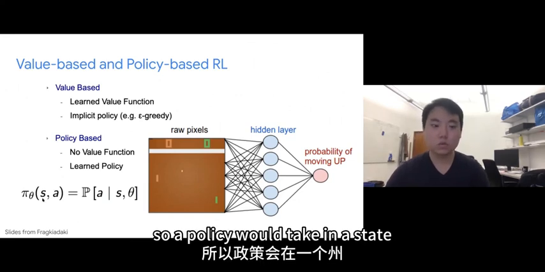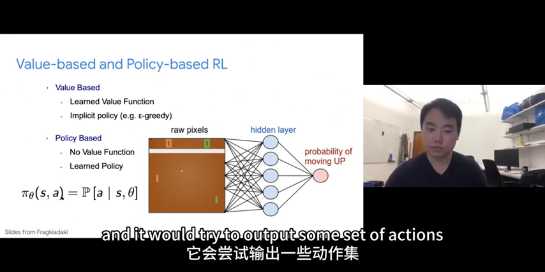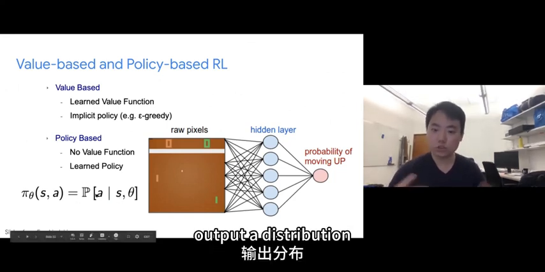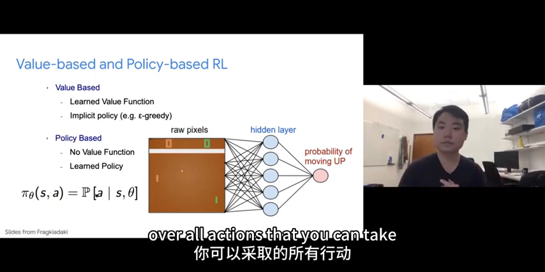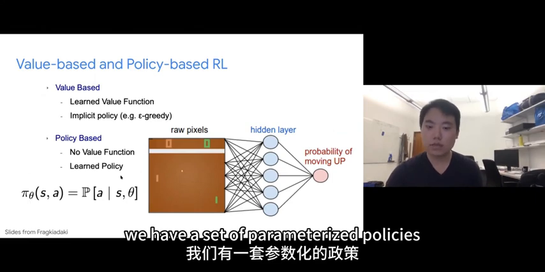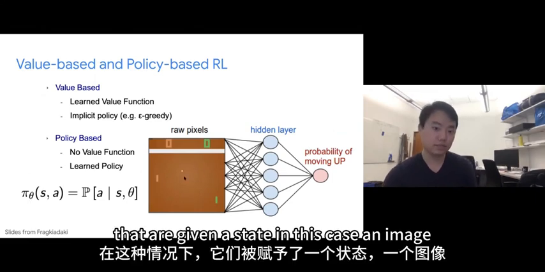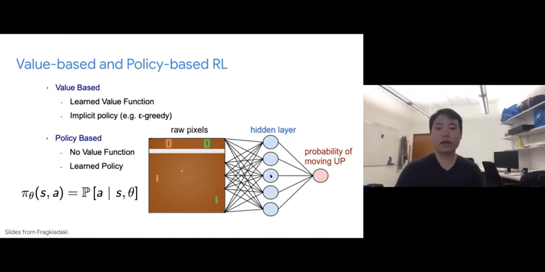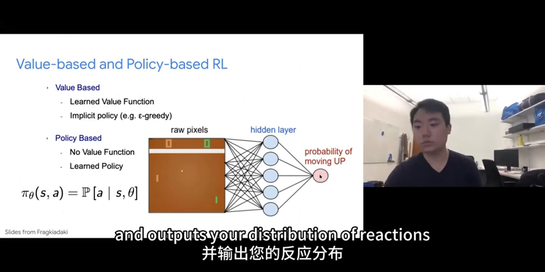So a policy would take in a state and try to output some set of actions. In other words, given a state, it will try to output a distribution over all actions that you can take. And in general, we're going to assume that we have a set of parameterized policies that, given a state, in this case an image, go through a bunch of neural network parameters theta and output a distribution over your actions.